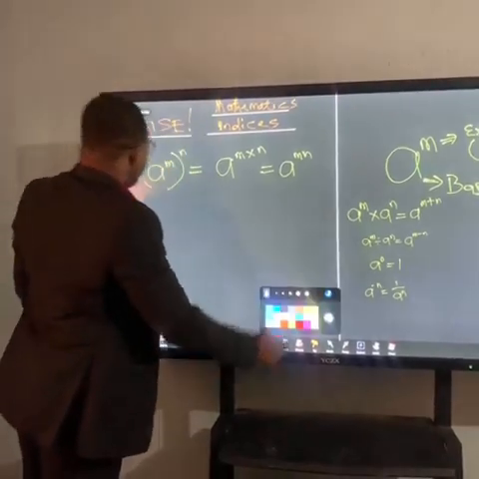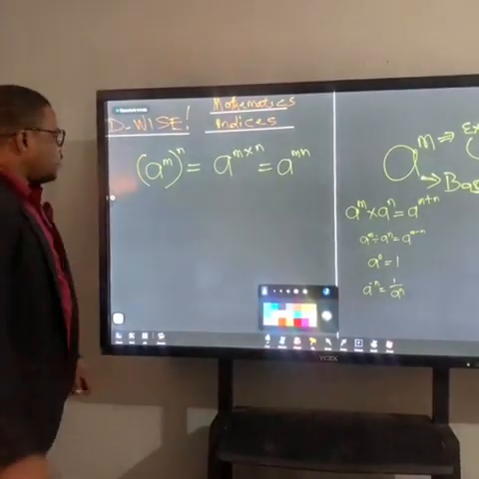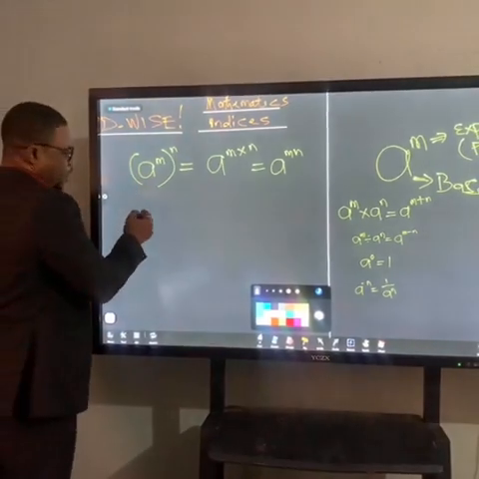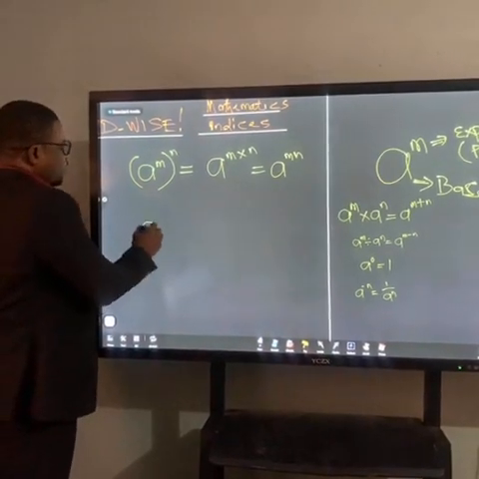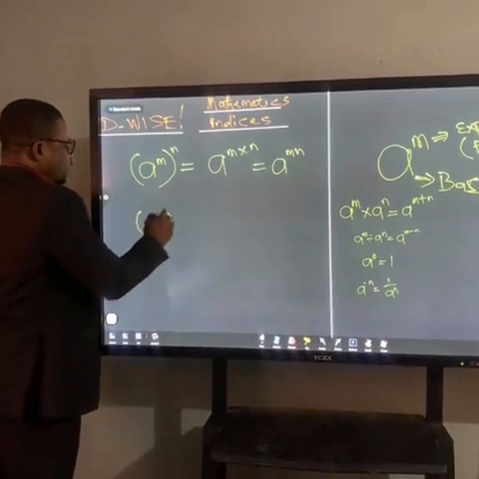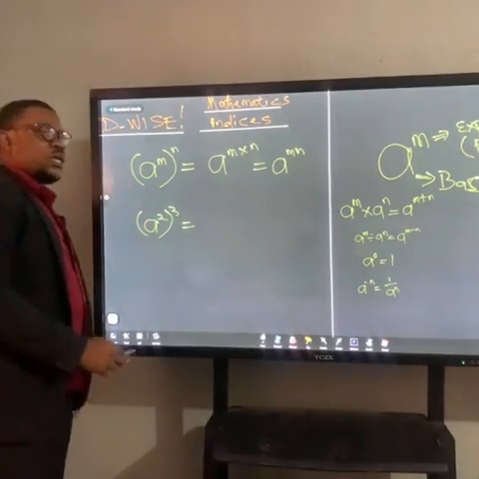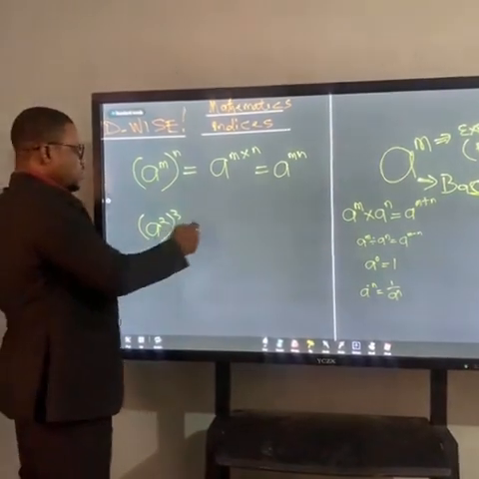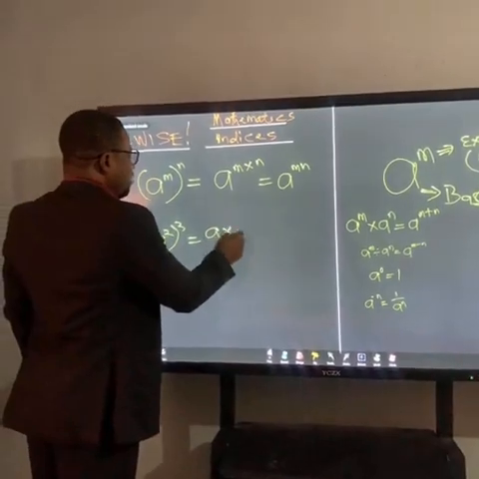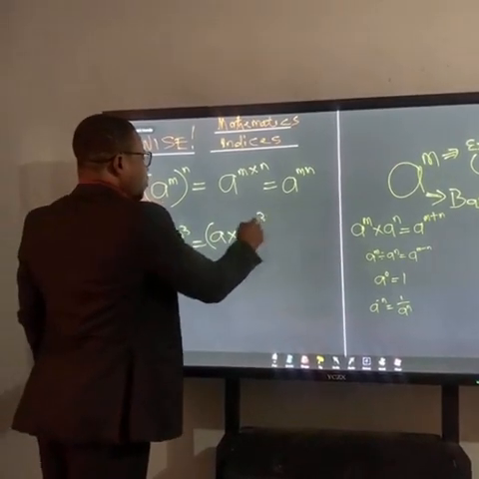So let's go further. Let me try and prove this quickly. If I have something like a to the second power and then third power outside, what does this mean? A to the second power means that I have a times a, raised to the power of 3.